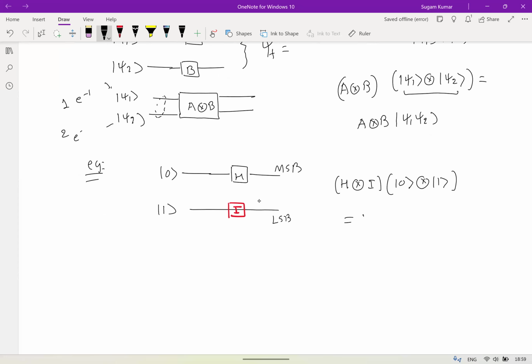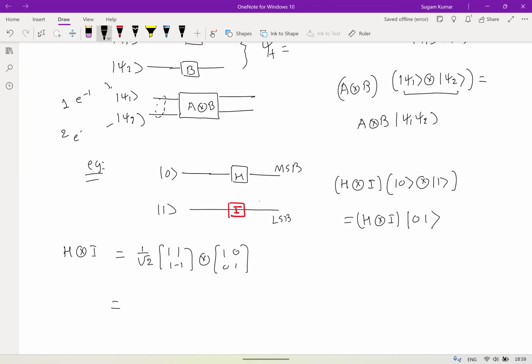Or maybe I can write it as H tensor I acting on 0 and 1. Now you see what this H tensor I is. So what is H? 1 by root 2 times [1, 1; 1, -1]. And the tensor product, what is I? [1, 0; 0, 1].